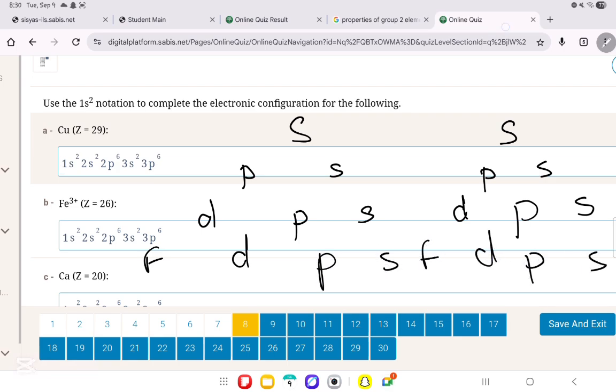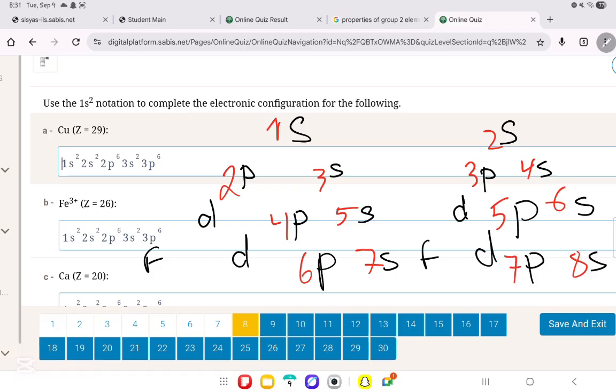Okay? You can do it like this. Then you can label 1, 2, 3, 4, 5, 6, 7, 8. Then for P, you start in the second energy level: 2, 3, 4, 5, 6, 7. D, you start in the third: 3, 4, 5, 6. And then for F, you start in the fourth. So 4 and 5.